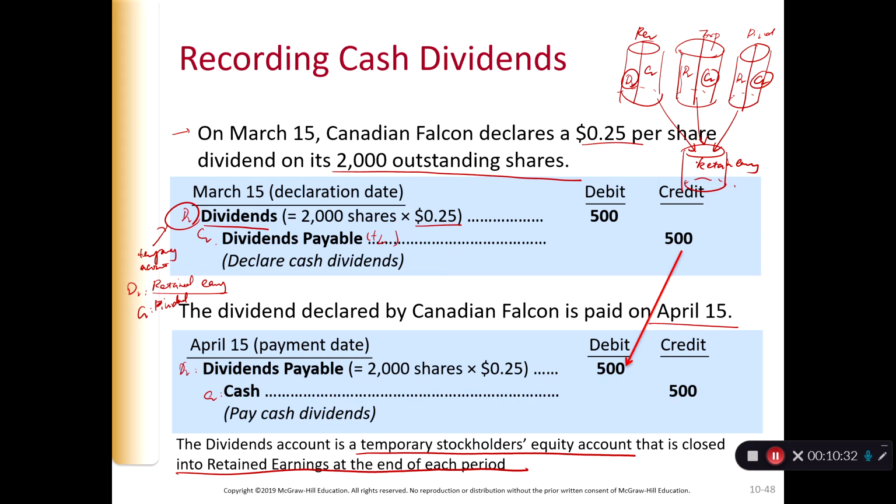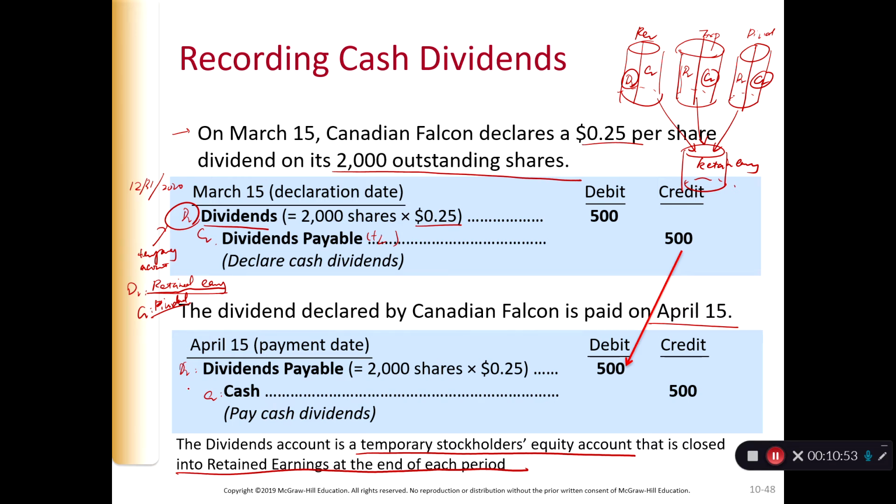That's how we dump into retained earnings. This is what I meant. So you establish the dividend on March 15th. By, let's say, December 31st, 2020, you're going to dump this dividend account into retained earnings: debit retained earnings, credit dividends.